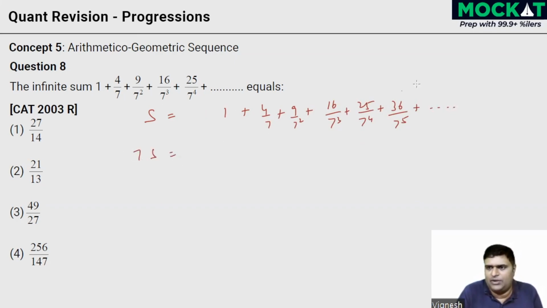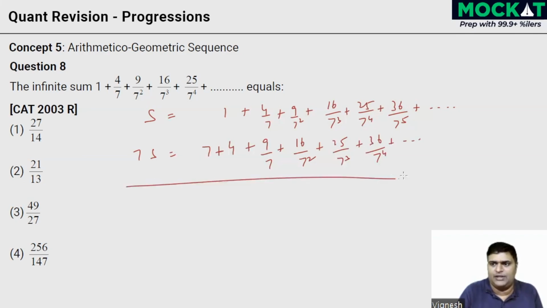When I multiply each of these terms with 7, I'm getting a 7 plus 4 by 7 into 7, that gives me a 4, plus 9 by 7 square into 7 is 9 by 7, right? I'm moving everything by one space and writing it. 16 by 7 cube into 7 is 16 by 7 square, right? One 7 gets cancelled. Entire thing, if I multiply with 7, everything gets moved by one place with respect to the denominator, right?